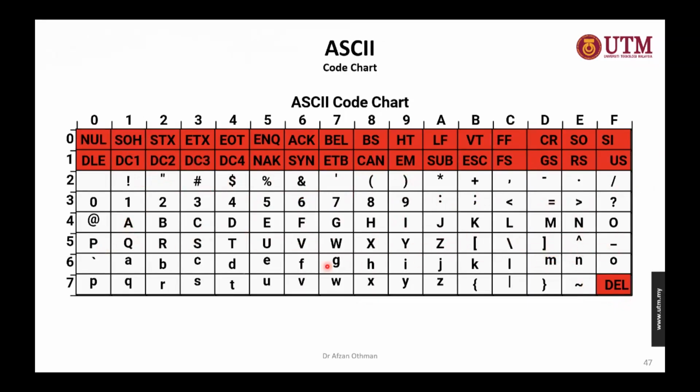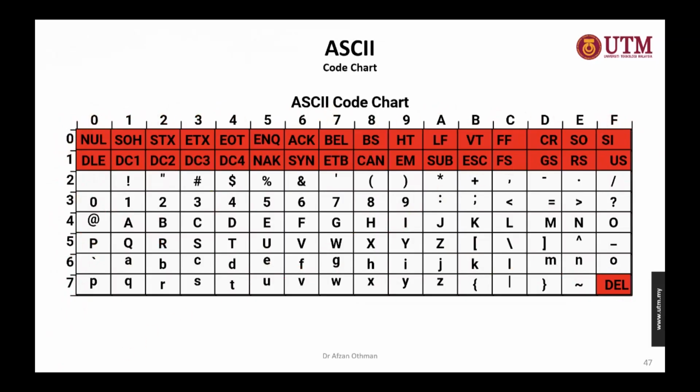We have other symbols in between, and then small letters. And last but not least, we have symbols. Here you can see this code is in hexadecimal value. This is from 0 to 7, and this is from 0 to F.